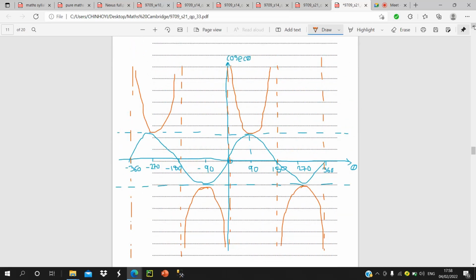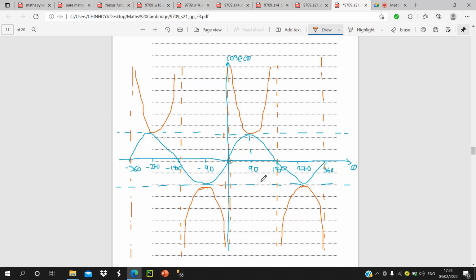This one is the graph of cosec. The blue one is the graph of sine, right? Yes. The graph of sine is maximum at 1 and minimum at minus 1. And the asymptotes, yes, your asymptotes were very correct.